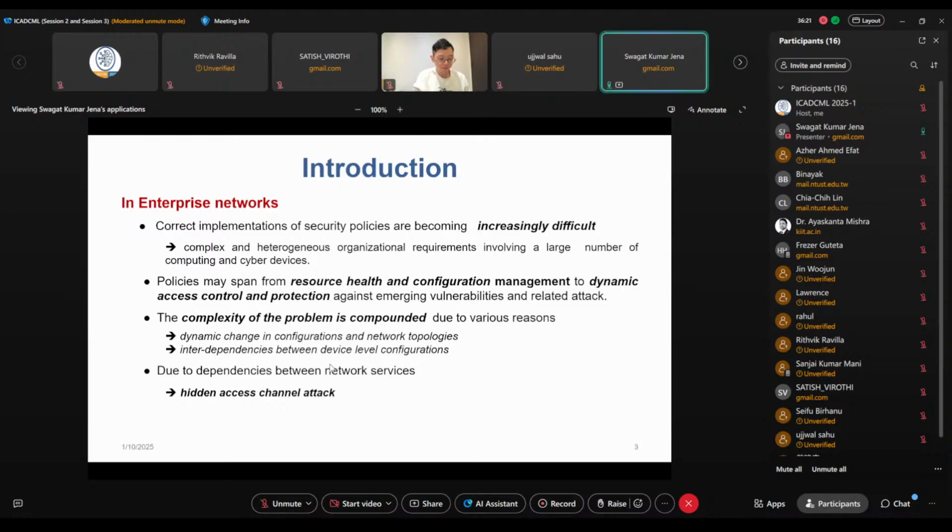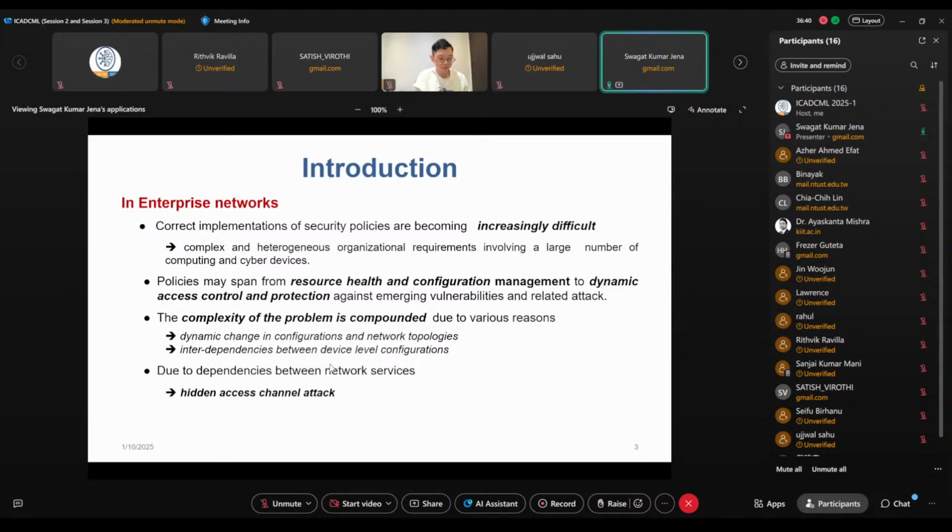Day by day, the complexity of the problem is compounded due to various reasons, like the dynamic change in the configuration of network topology, dependency between device level configurations, and other dependencies in network policies.